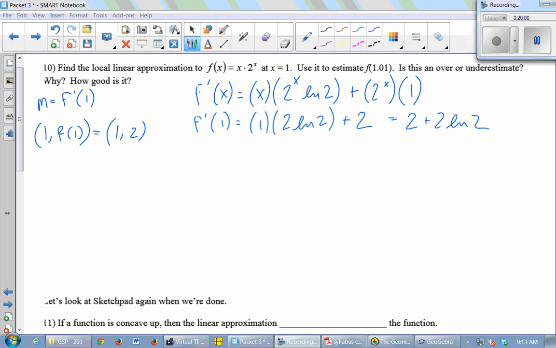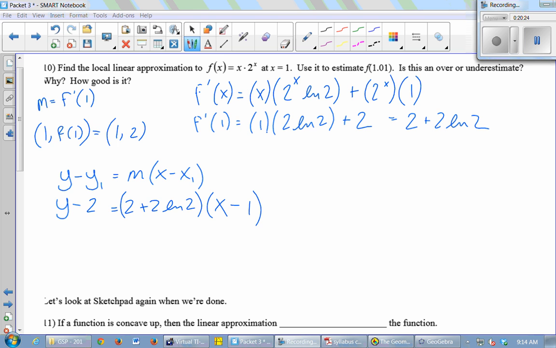All right, so equation of a tangent line, y minus y1 is m times x minus x1. It's the equation of any line, point slope formula. So I'm going to replace m with 2 plus 2 ln 2, and x1 with a 1 and y1 with a 2.